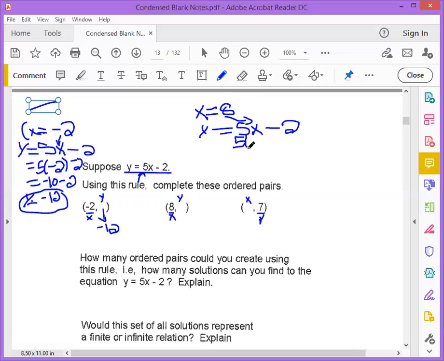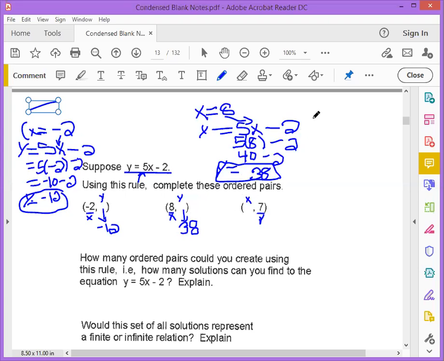That'll give us 5 times 8 minus 2. 5 times 8 is 40 minus 2. Our y coordinate is equal to 38. So here our y coordinate is 38.